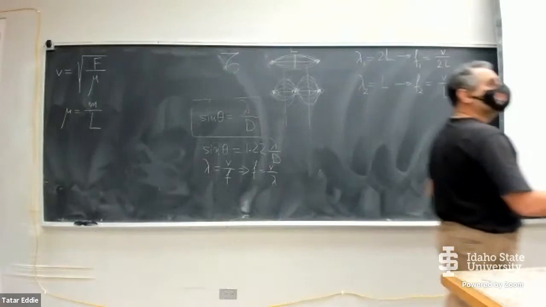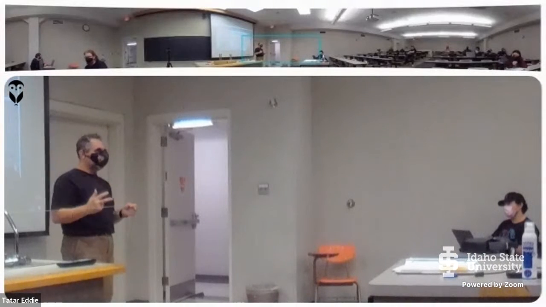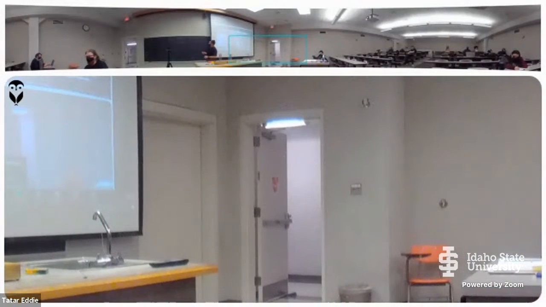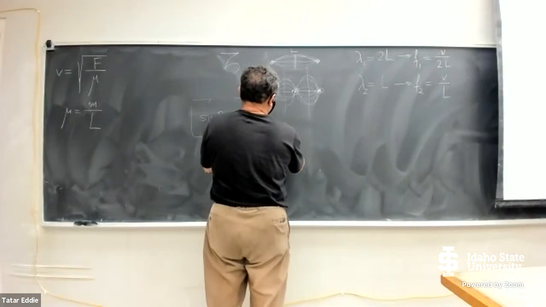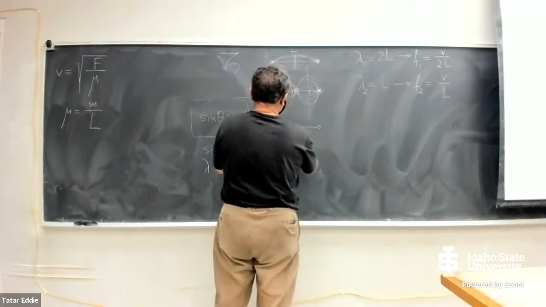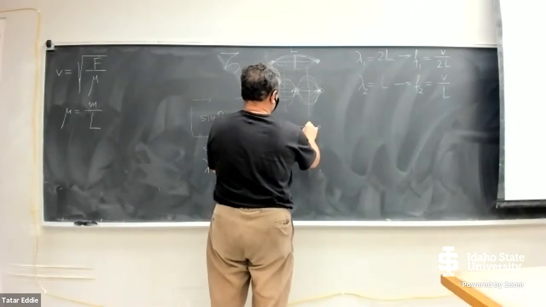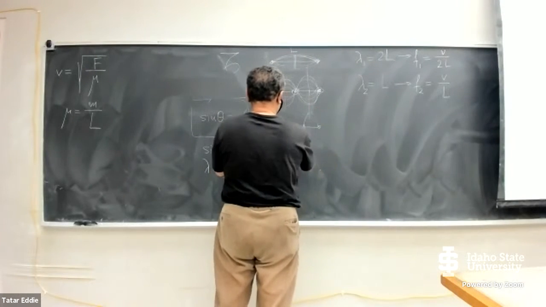I'm going to try different frequencies on this thing until I hit some stable interference pattern. And of course, you can already guess that the next frequency at which you have a stable interference pattern, the pattern is going to look like this.